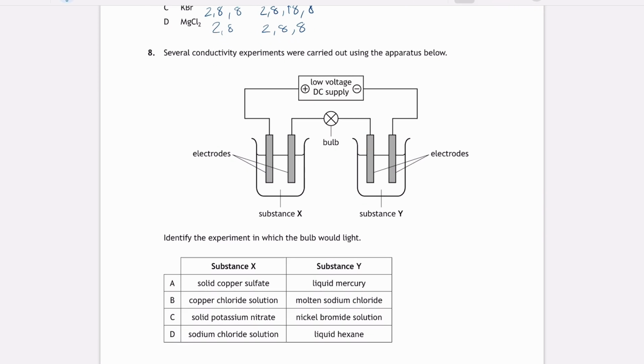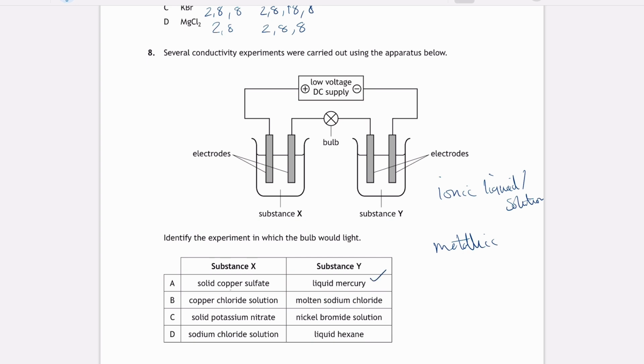So then the bulb's going to light up when both of these substances can conduct. If these are liquids, you're either looking for an ionic liquid or solution, or something metallic. Okay, so if we look at A, mercury's a liquid and a metal, so that's going to conduct.